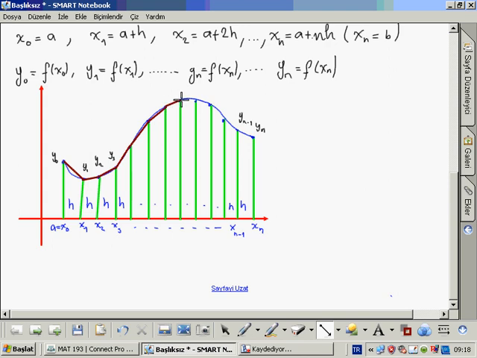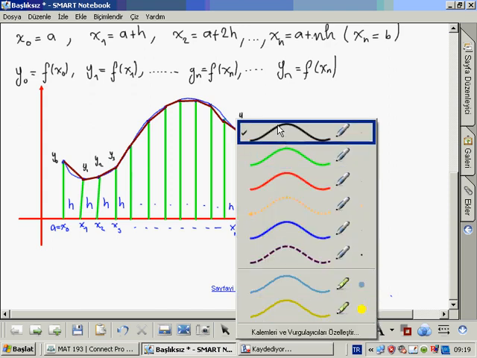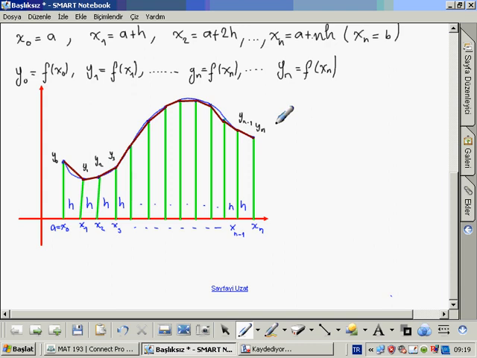As you see, we have just connected all of the points by lines, and that means the trapezoid rule approximates any definite integral of f of x from a to b by using these straight line segments between the xj minus 1 and xj points.